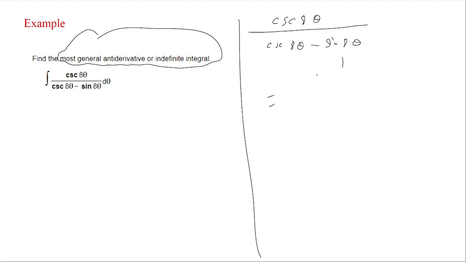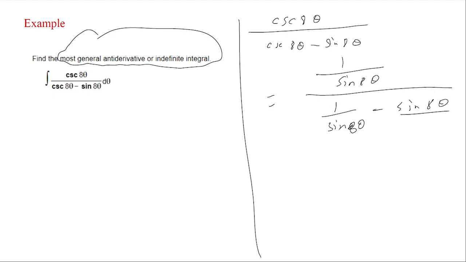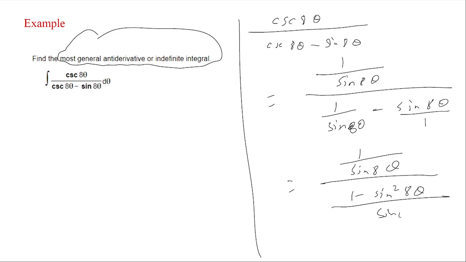Cosecant 8 theta is actually 1 over sine 8 theta. I can use the very same thing here, which is 1 over sine 8 theta minus sine 8 theta over 1. So on the top there is a 1 over sine 8 theta, and on the bottom, by making the same denominator, it would be 1 minus sine square 8 theta over sine 8 theta.